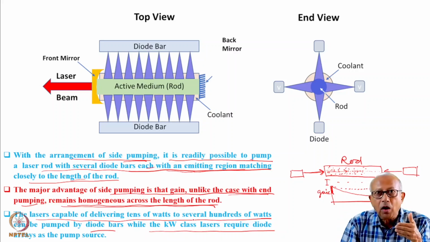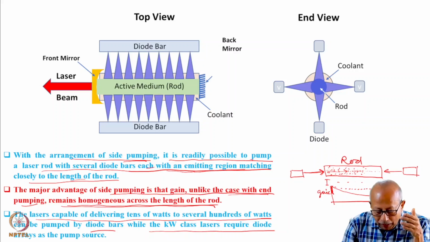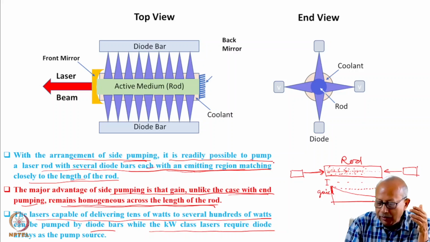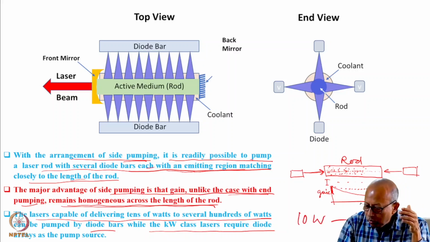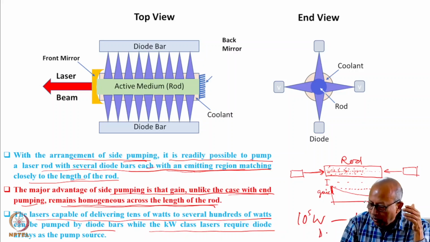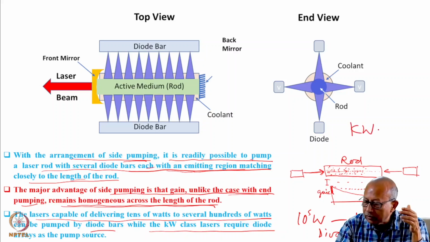If you have to obtain tens of watts to hundreds of watts, diode bar; and for kilowatt class of laser, diode array.